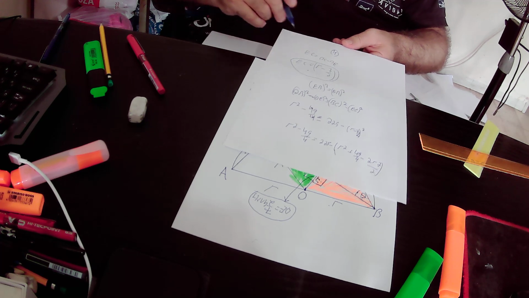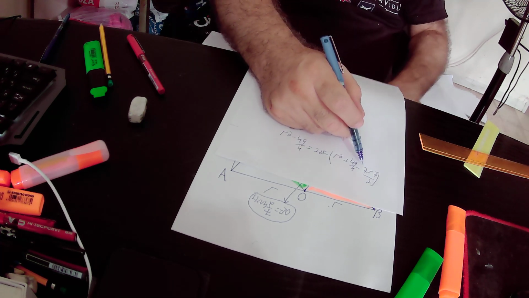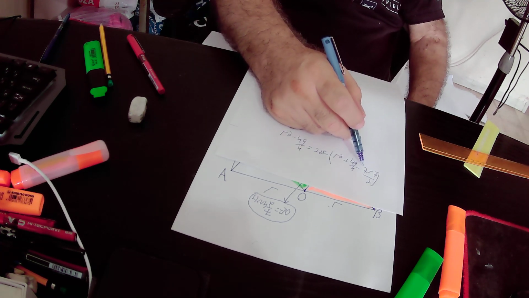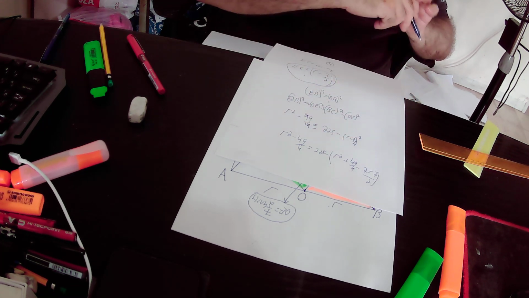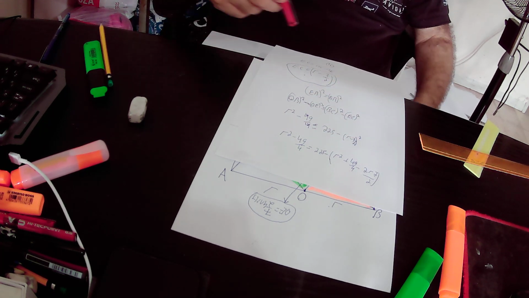Here you have 2 in the numerator and 2 in the denominator, so 2 over 2 is 1, and the 2 is cancelled.